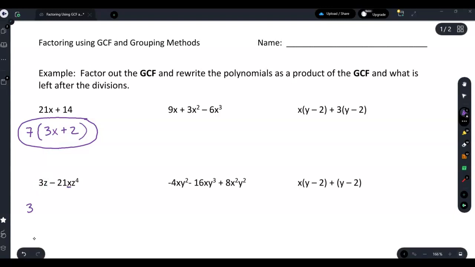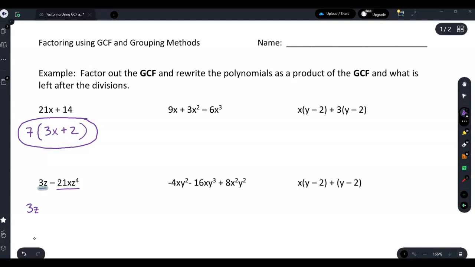However, I do have some z's in common. My first term has 1z, and my second term has z to the fourth, or basically 4 z's. So they would have 1z in common. You can also think of it as the smallest number. If one of them has 1z and the other has 4, how many do they have in common? They have one of them in common.